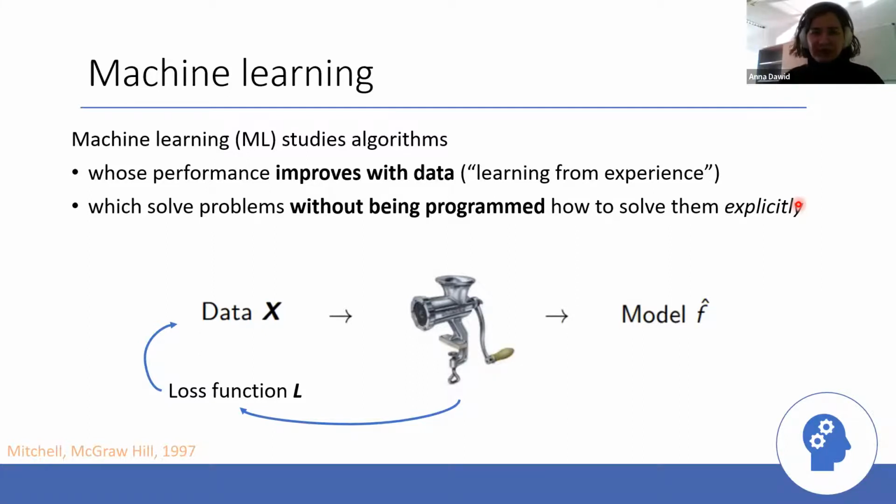You find the features which are discriminative. You solve the problem yourself. I just want to get this outcome. So it's really a data-based approach, and this is the source of all knowledge for the model.